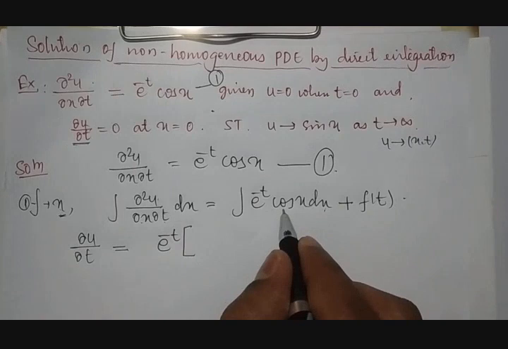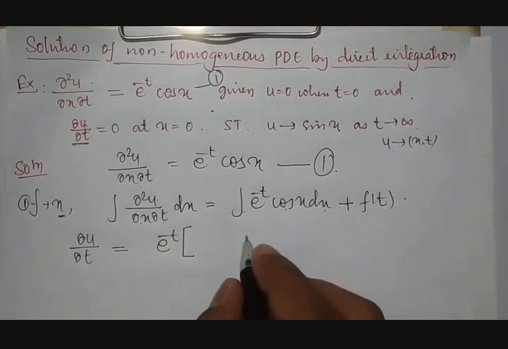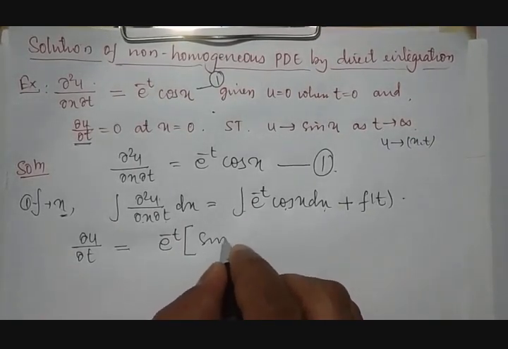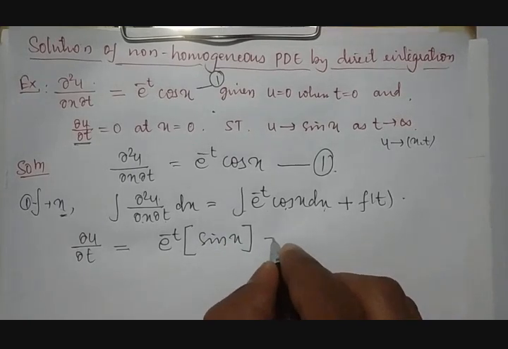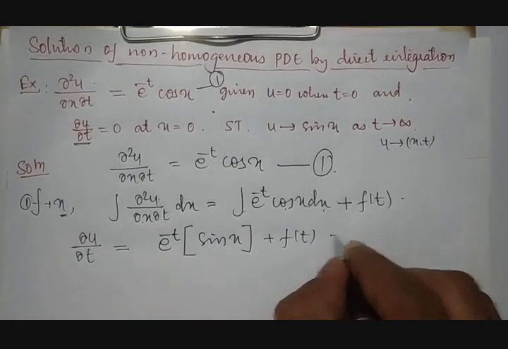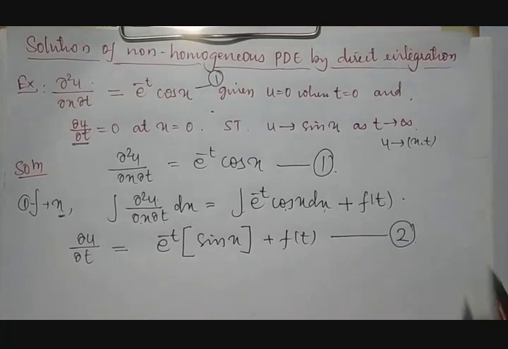Then what is the integration of cos x with respect to x? That is sin x plus f(t). We call it equation number 2.